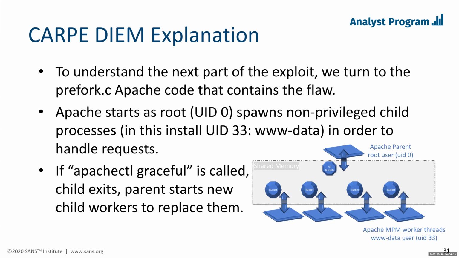So now I'm starting to move into the Apache out-of-bound read portion of this. The Apache starts as a root process. The root process has some shared memory where the child worker threads, which are running in this particular instance, UID 33 named www-data, because that is the exact compilation method for when he was actually developing the proof of concept exploit. So there are several memory structures that are involved in this.